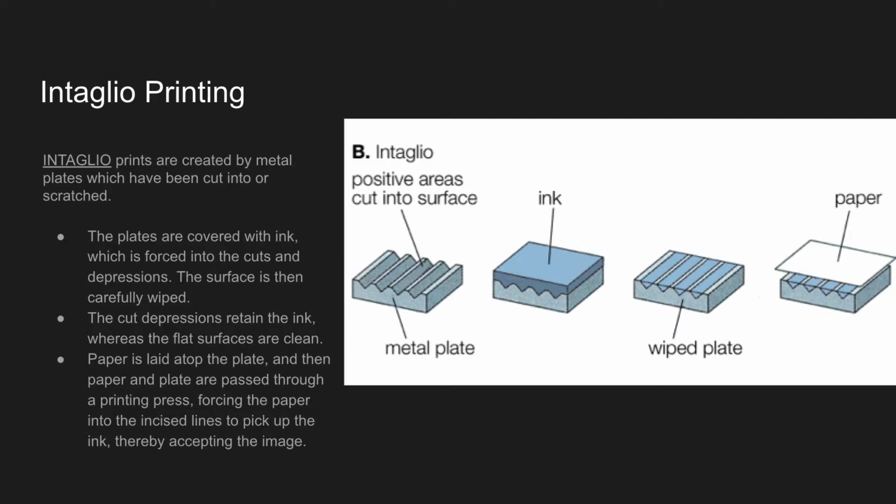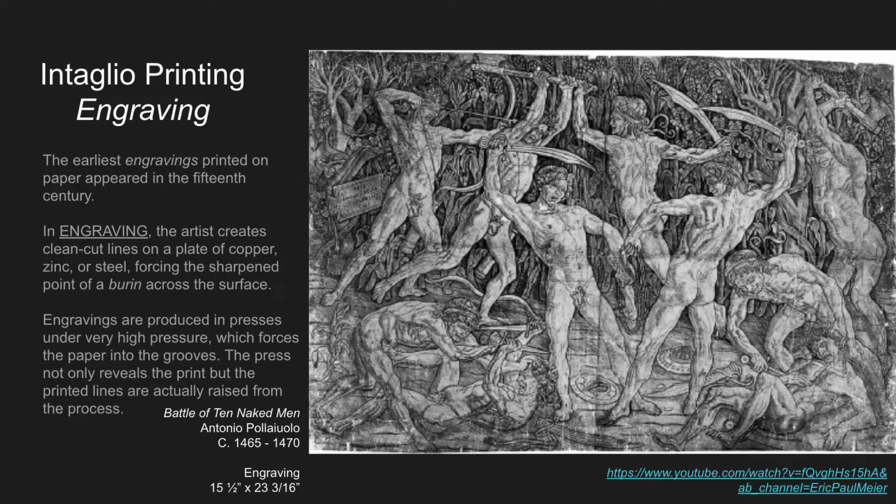The ink is in the groove. So it's not quite like a stamp. When your paper and the block and the metal run through the printing press, the paper gets forced into the grooves. It stretches and it gets pushed into the grooves, and that's where the print comes out.